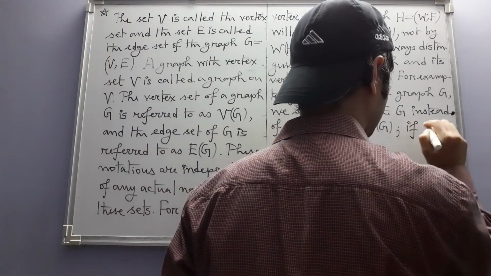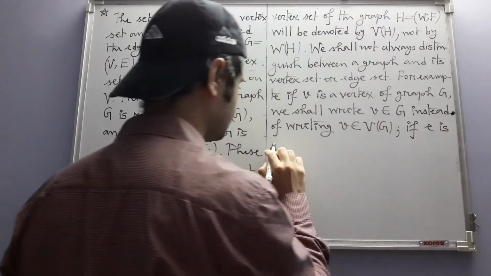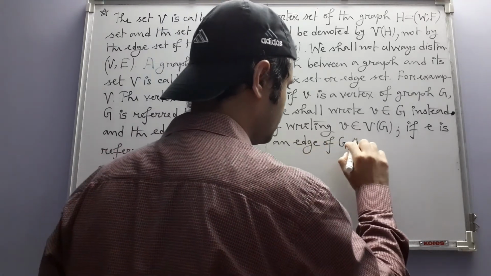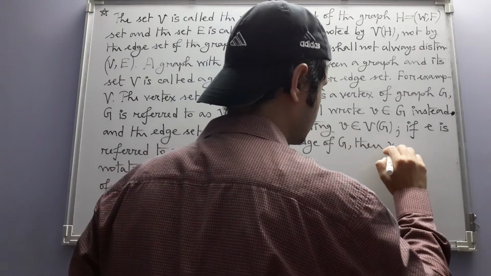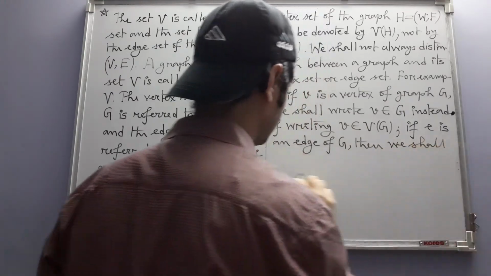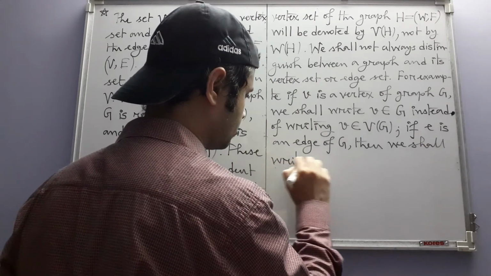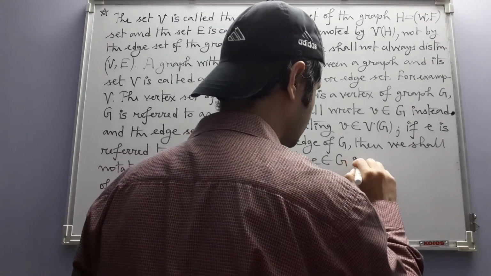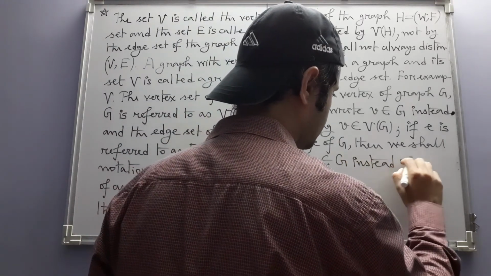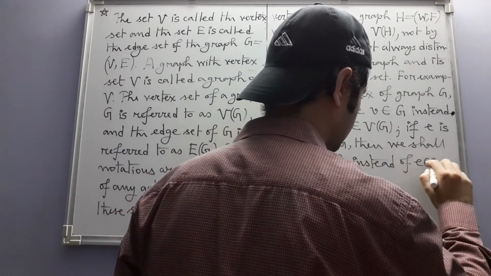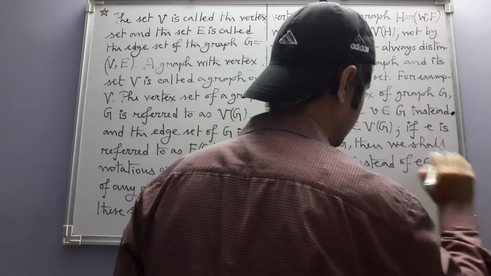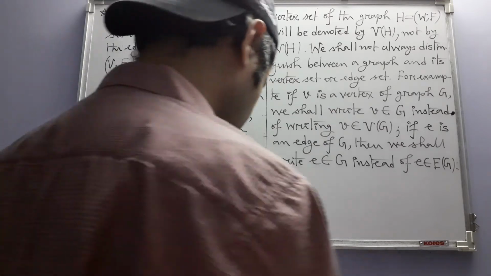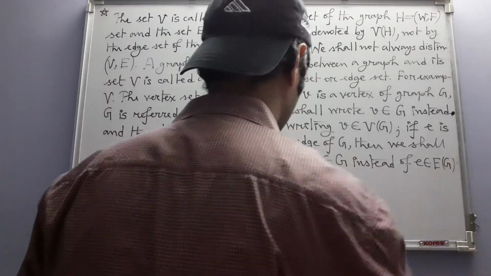If e is an edge of G, then we shall write, just like that, somewhat casually, that e belongs to G instead of writing the correct one, that e belongs to E of G. This reduces our writing time and labor, and so on.